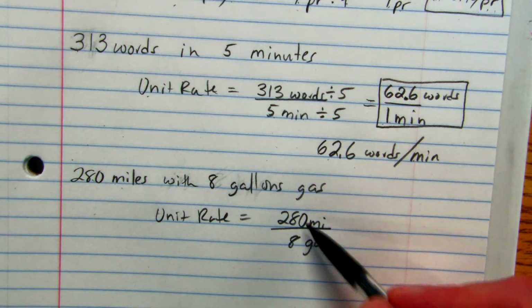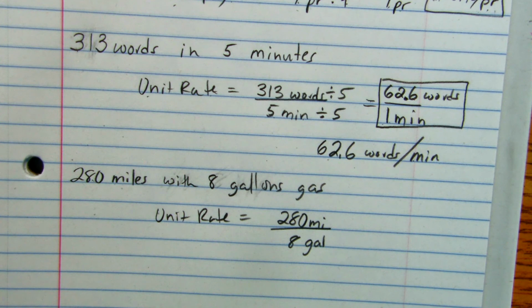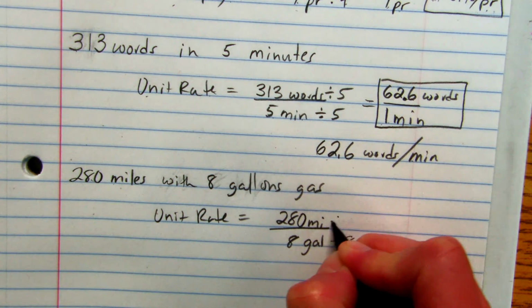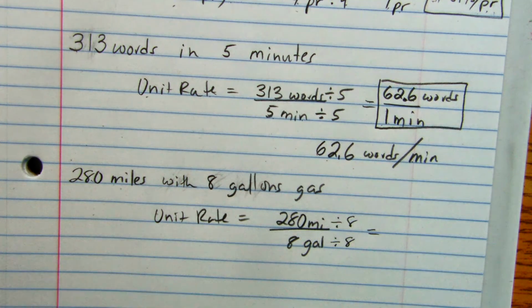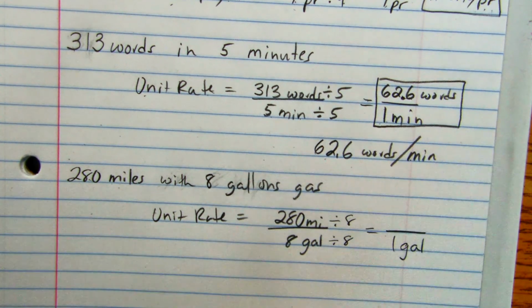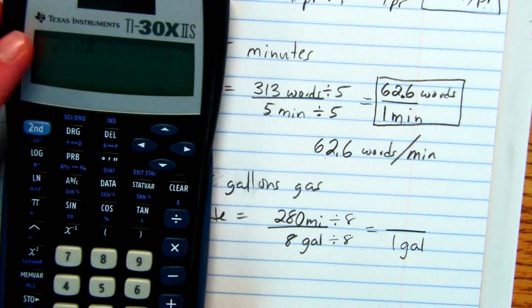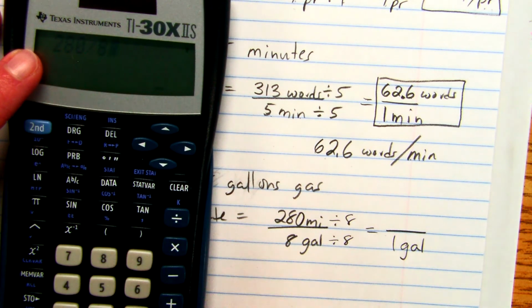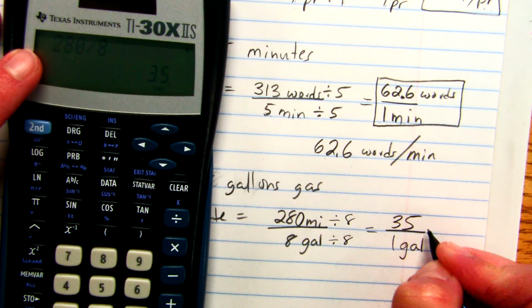And so then this one actually doesn't come out a decimal if you divide it. But we would divide by 8 on both. And so on the bottom, I'm going to figure out how far I can go on 1 gallon. And so 280 divided by 8 is 35 miles.